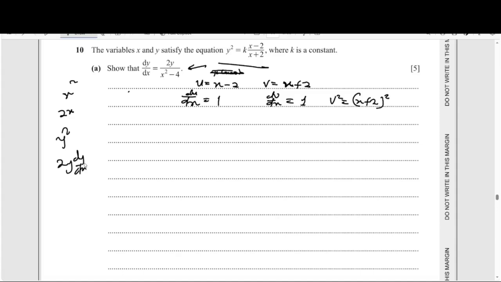Right? That's also the product rule. So the differential of the left hand side, the y squared, is 2y dy dx. And then the right hand side, bring your k out over here and everything will be done.